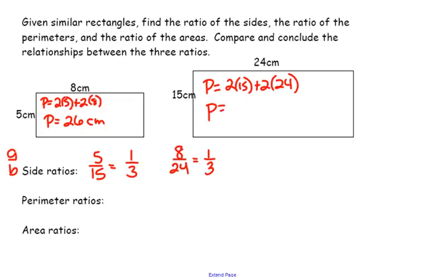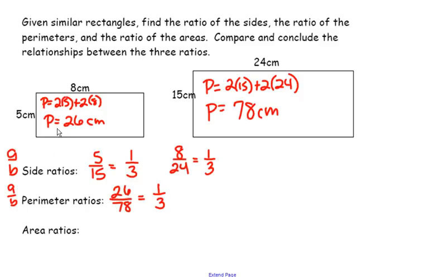So the perimeter of this guy is going to be 30 plus 48, so 78 centimeters. All right, so my perimeter ratio is 26 to 78, which reduces to 1 to 3. So the ratio of the sides is the same as the ratio of the perimeters, still A to B.